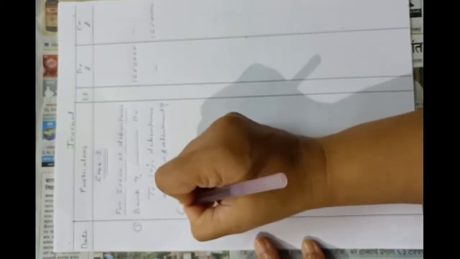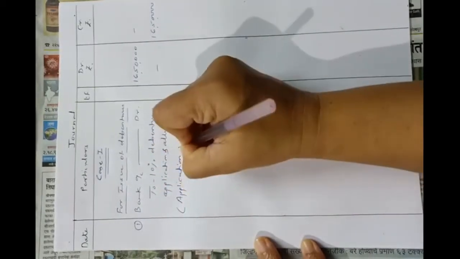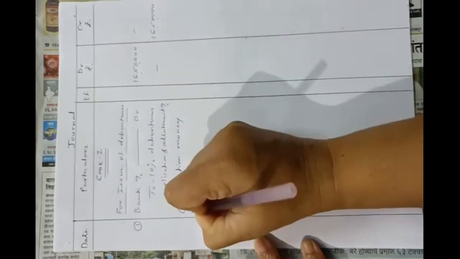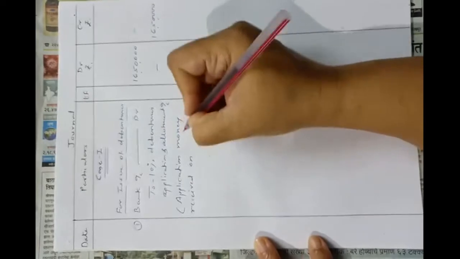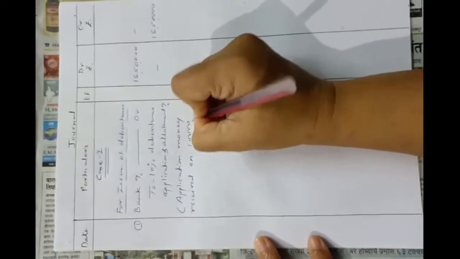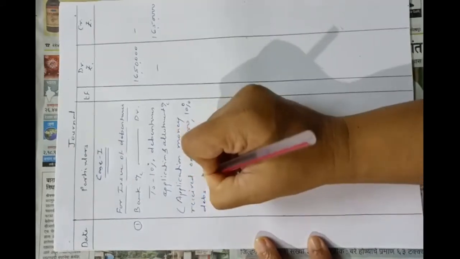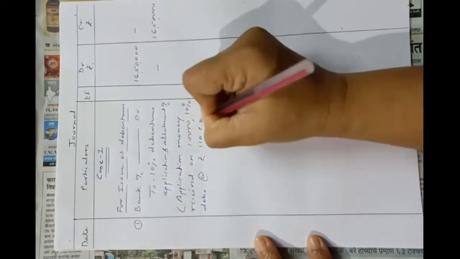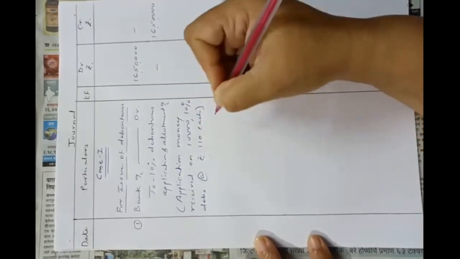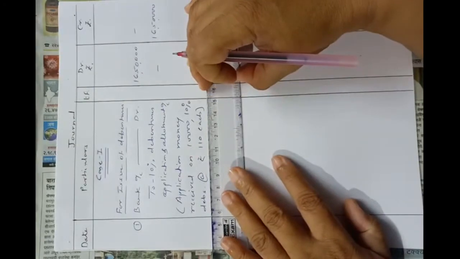Narration will be application money received on 10,000 10% debentures at ₹110 each or at 10% premium. This will be the narration of application money received.